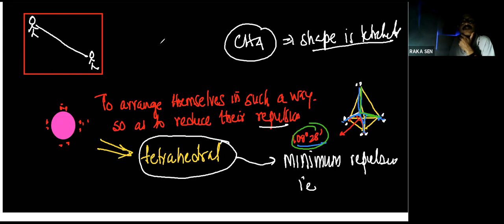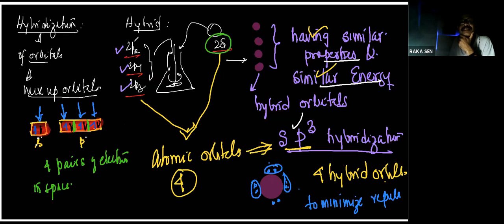Now, when we talked about sp3 hybridization, how many hybrid orbitals were there? If you remember, we have mixed 1s and 3p. And how many hybrid orbitals did we get? 4.